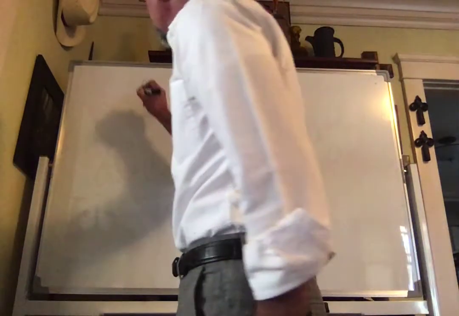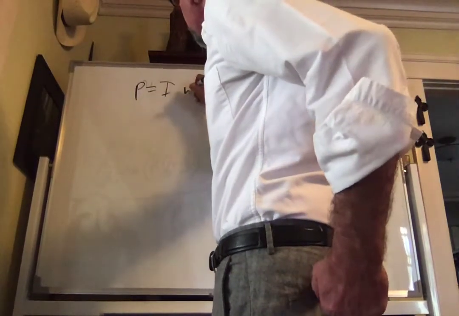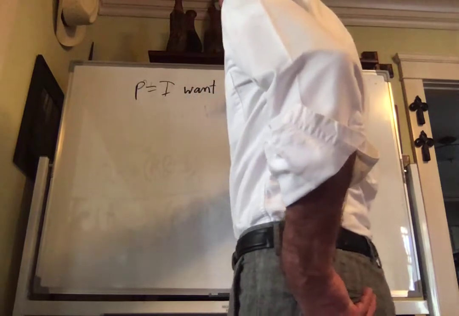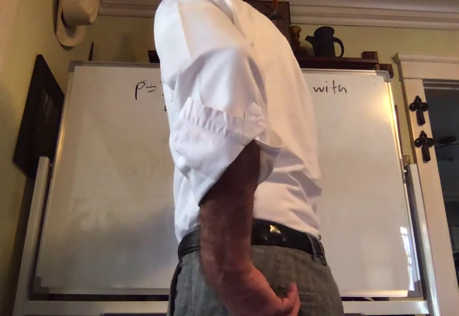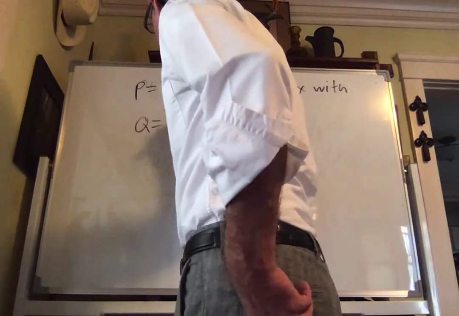Let's get two variable assignments from that. P: I want to have sex with women, and Q: I'm a lesbian.